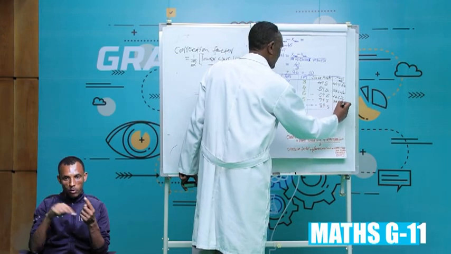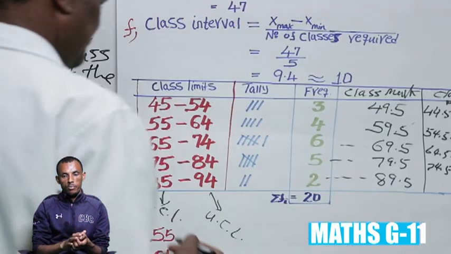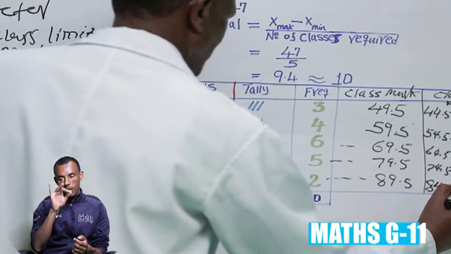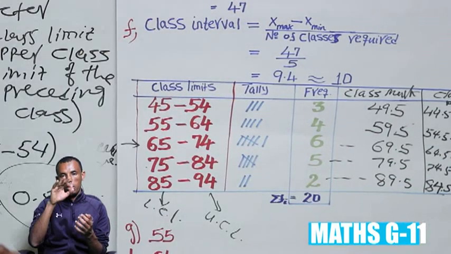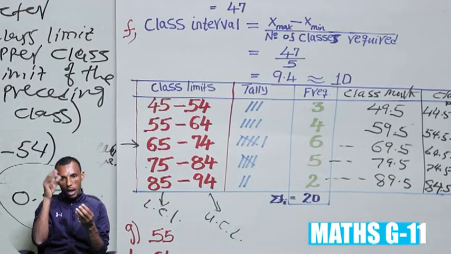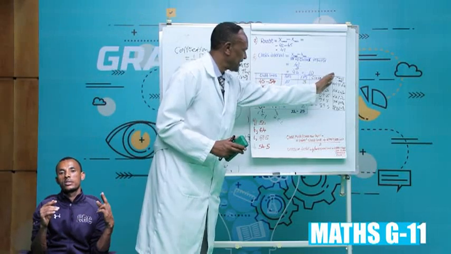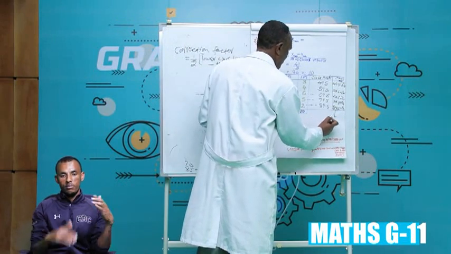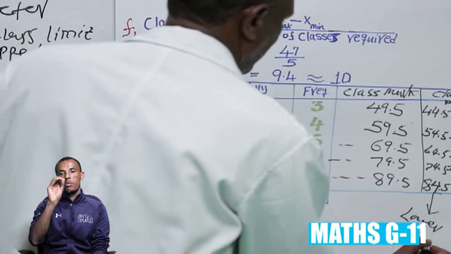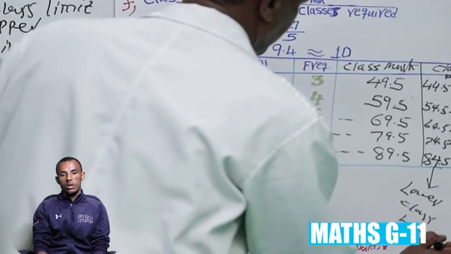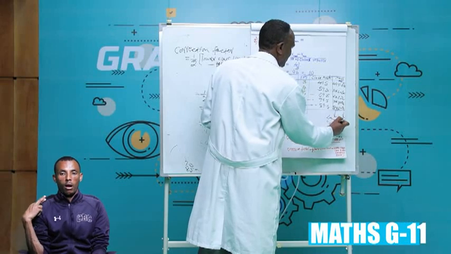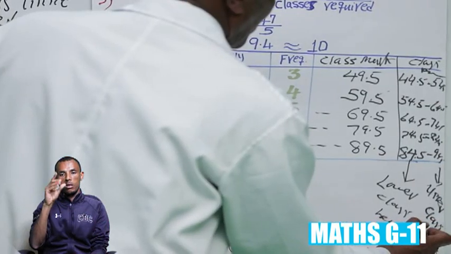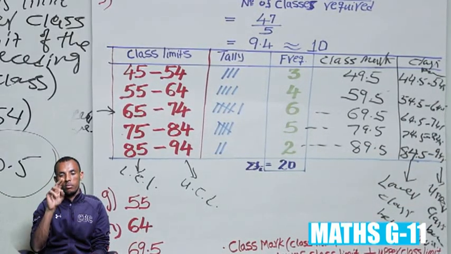Then 74.5 up to 84.5, and 84.5 to 94.5. By adding and subtracting 0.5, the left side, where you subtract, gives the lower class boundaries, and the right side gives the upper class boundaries.